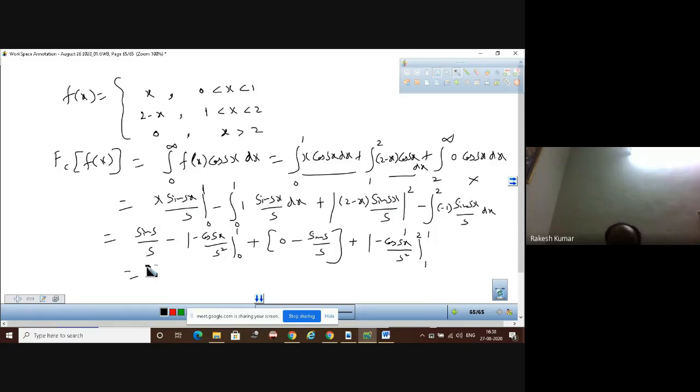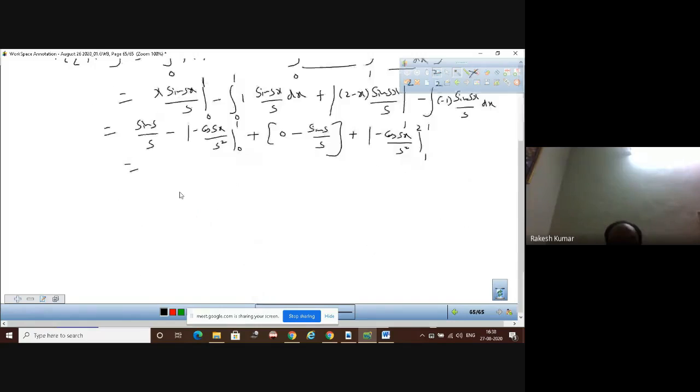So ultimately, we can see that this is sin s over s positive and sin s over s negative. So minus and minus will be plus, and that will be cos s minus 1 over s square after substituting limits, and this will be equal to cos 2s minus cos s over s square.